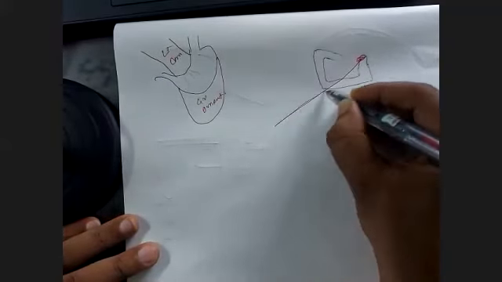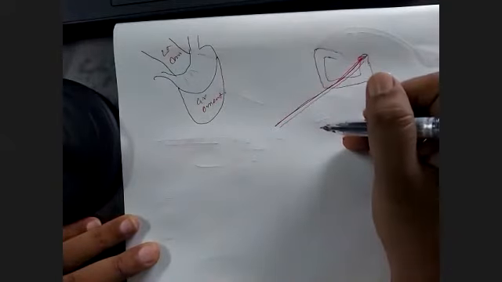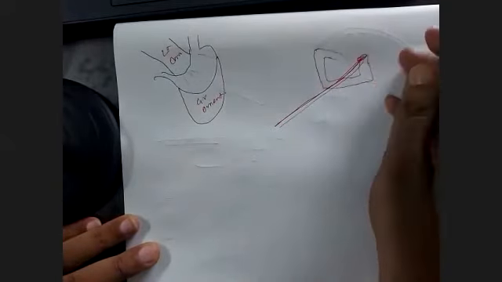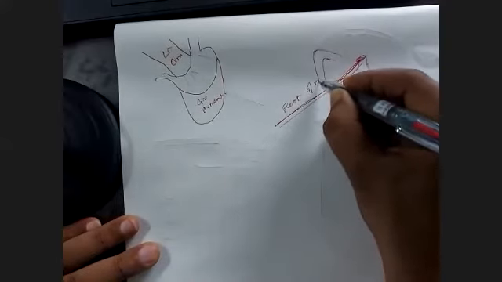The way I have drawn the line is actually the root of the mesentery, from where the two layers of the mesentery take origin, and they will cover the entire small intestine. So when you reflect the small intestine down like this, you will see how it is attached to the posterior abdominal wall, which is called the root of the mesentery.